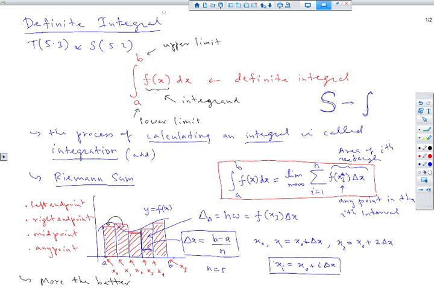When the limit exists, if this limit exists, we call the function integrable. If the limit exists, the function is integrable.